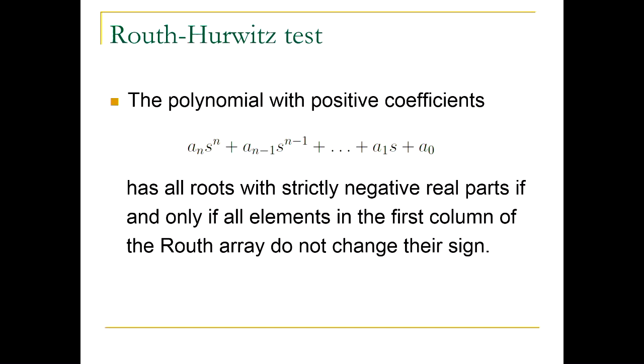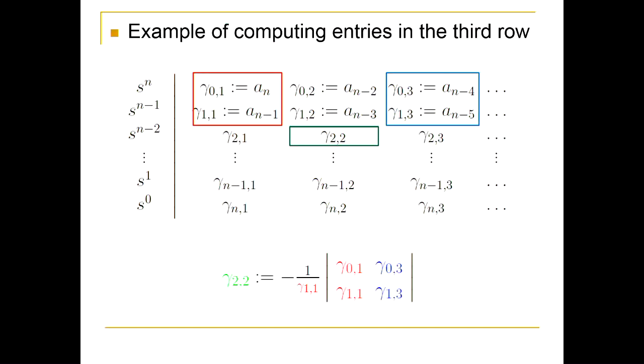Note that what you need to do is first calculate this array. You keep going until you calculate the n plus 1th row. Then you stop. There are no more rows to calculate. Then you look at this first column. Note that the first 2 entries in this column are positive because we assume that the polynomial has all positive coefficients.